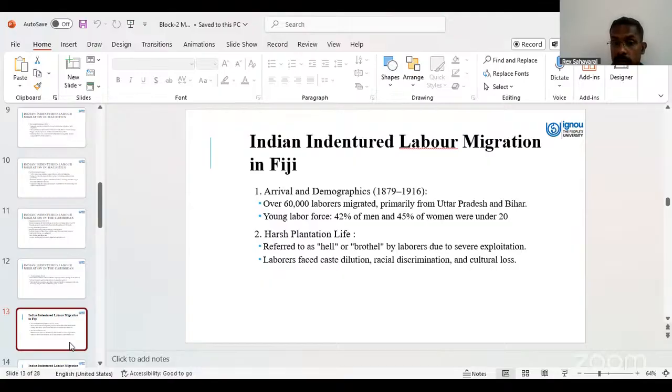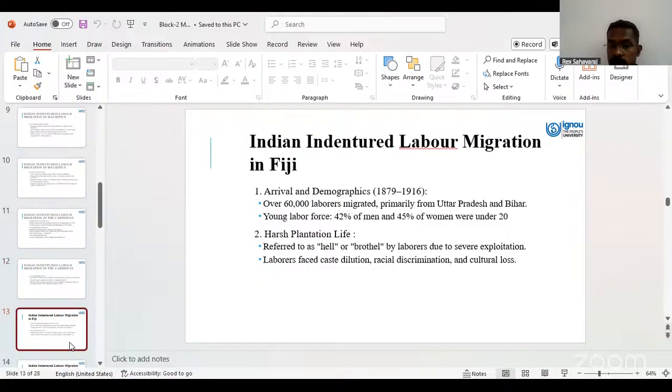Of this young labor force, 42 percent of men and 45 percent of women were under 20. Imagine, under 20 they migrated, and plantation life was referred to as hell or brothel by laborers due to severe exploitation.